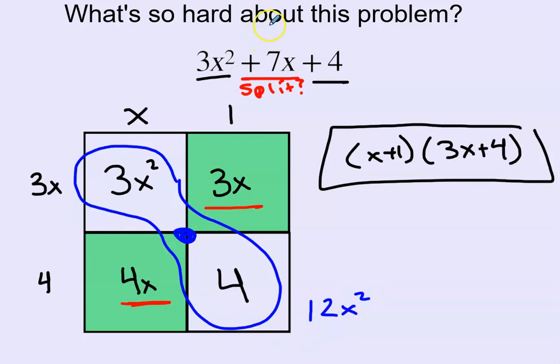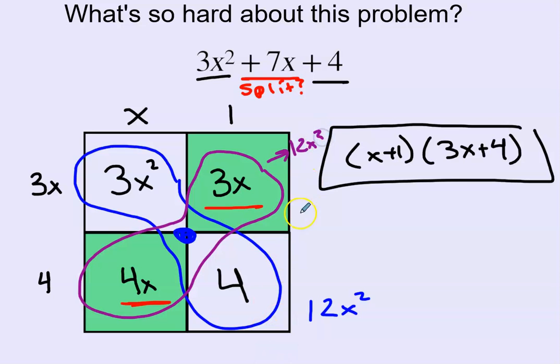And 3x times 4x is also 12x squared. That will always be true. Whenever you multiply the diagonal boxes, they will always multiply to the same thing. That is the most crucial thing that we're going to learn today, and I just summarized it on this slide right here.